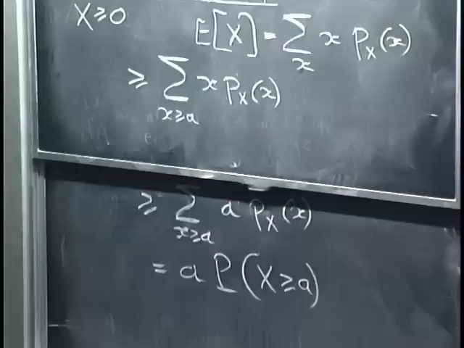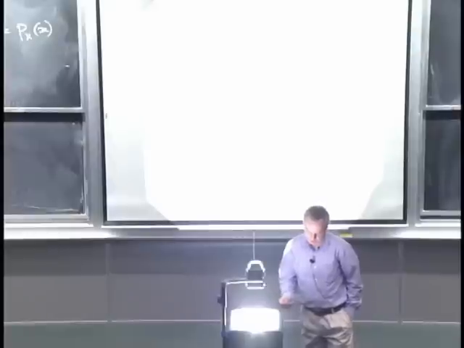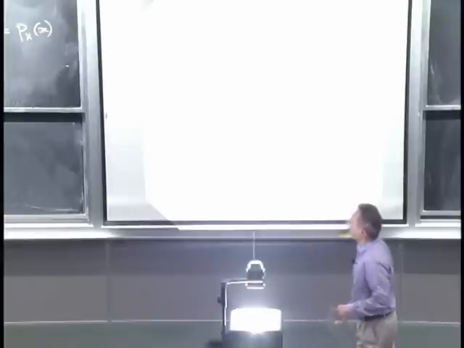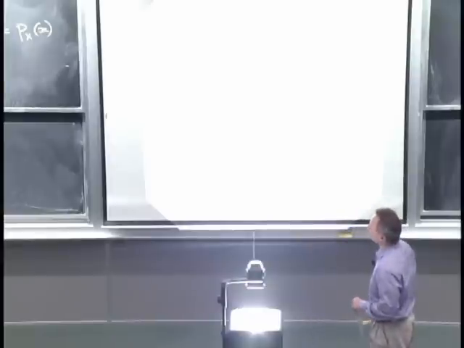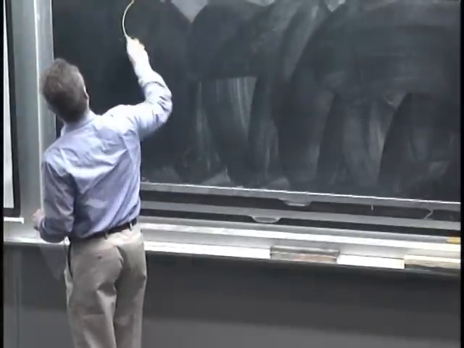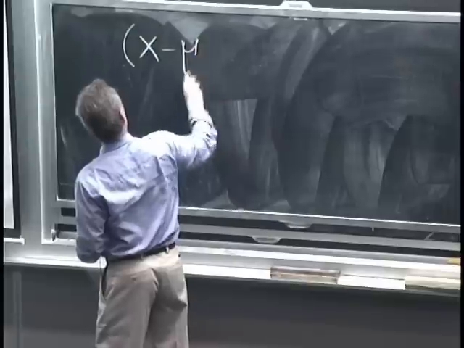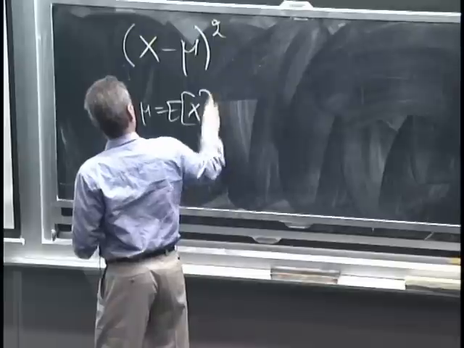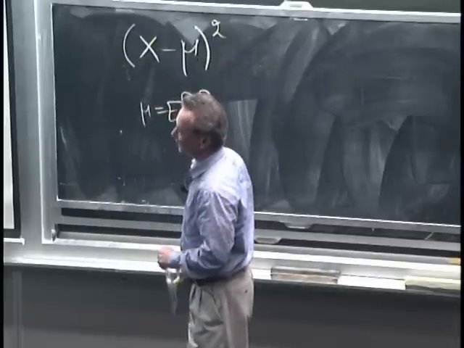Okay, what we actually need is a somewhat different version of this same statement. And what we're going to do is to apply this inequality to a non-negative random variable of a special type. You can think of applying this same calculation to a random variable of this form, (x minus mu) squared, where mu is the expected value of x. Now, this is a non-negative random variable.